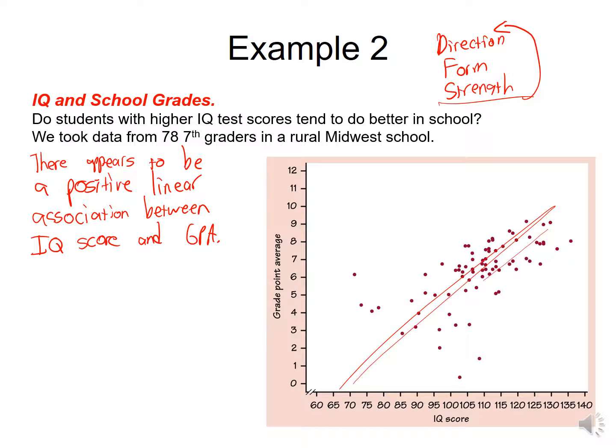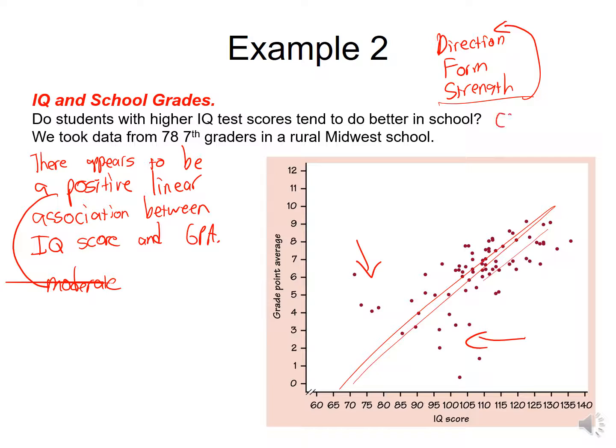If we didn't have all this spread here and here, and those were more tightly packed together, I would probably say that it's a strong association. But due to those possible outliers towards the low end of IQ score and GPA, we're going to call it moderate. So moderate positive linear association between IQ score and GPA.